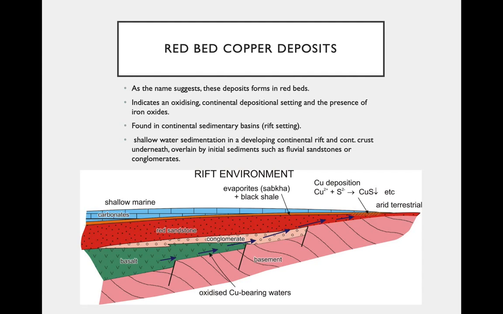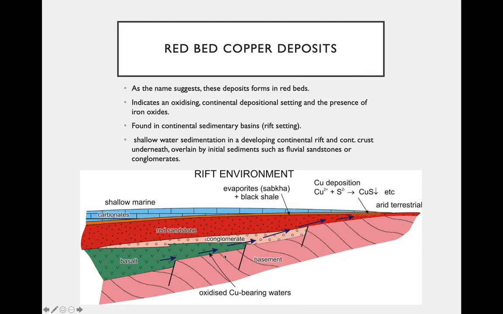So at the surface, in an oxidized condition, they've subsequently been buried. So they predominantly have iron oxides and are mostly found in sedimentary basins like rift settings. So then we might bury these by shallow water sedimentation underneath fluvial sandstones or conglomerates.